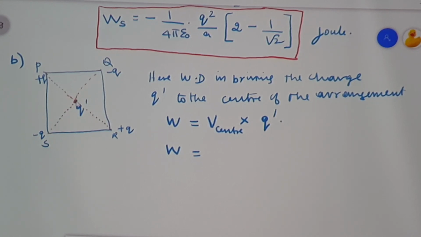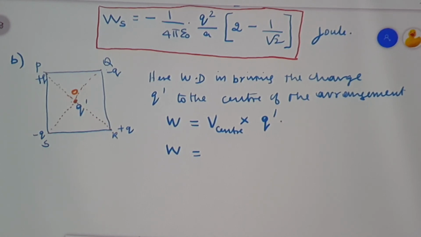See, potential at this point due to plus q and potential at this point due to minus q will cancel each other because the magnitudes of the potentials are the same. Similarly, potential at this center point O due to this plus q at R and due to this minus q at S are equal and opposite because one is plus q and another one is minus q, so they cancel each other.